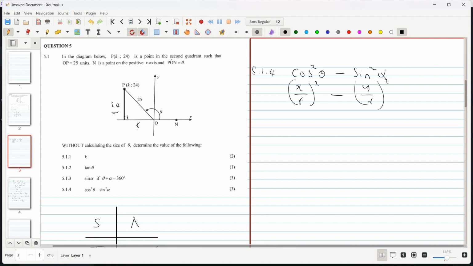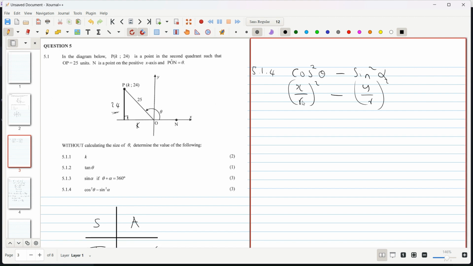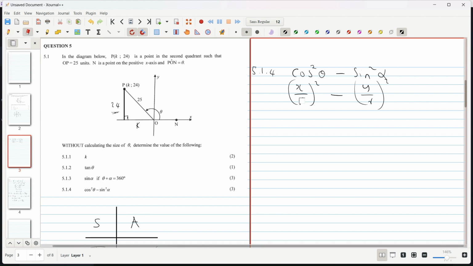So we need to be careful. From question 1.3, we already determined our sine alpha. So all we need to do here is determine our cos square theta.